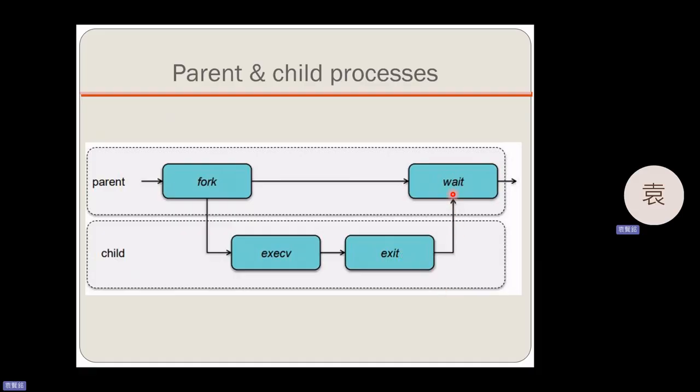The termination status will be returned by this wait system call. Then the parent process would know whether the child terminated normally or abnormally, and decide to continue its execution or do something else to cover the abnormal termination of the child process.